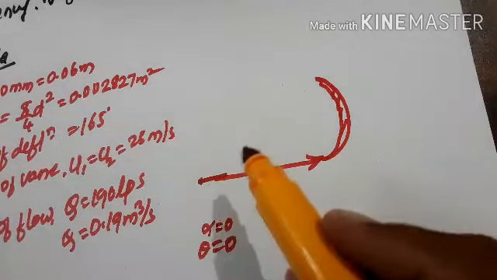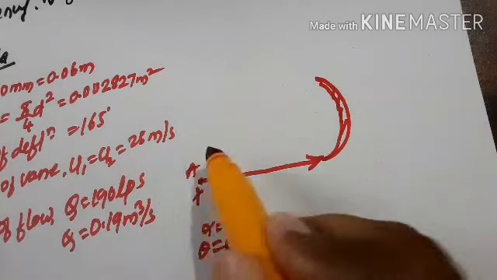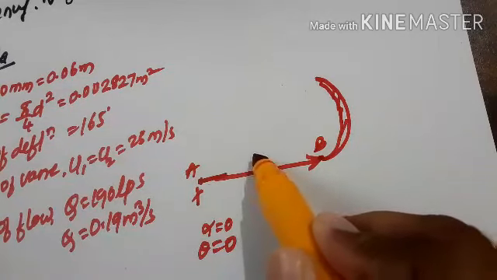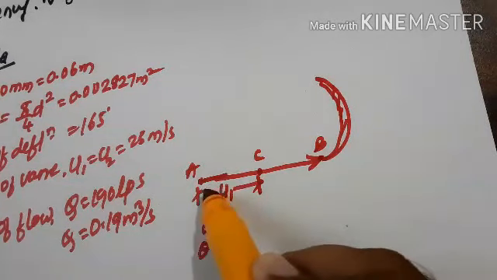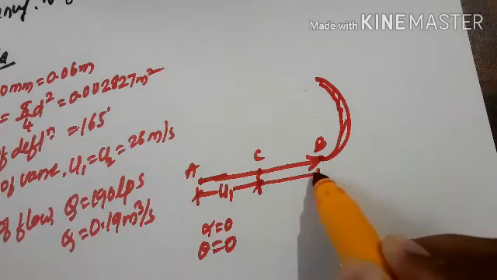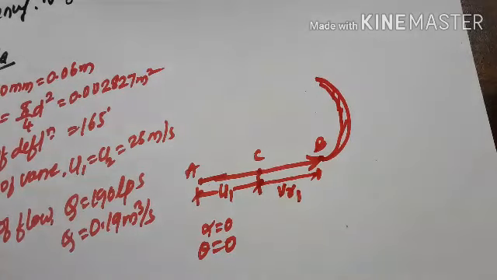So let us take this point as A and this as B, and this you mark as C here. So AC represents u1, the velocity of the vane. Then this will be VR1.